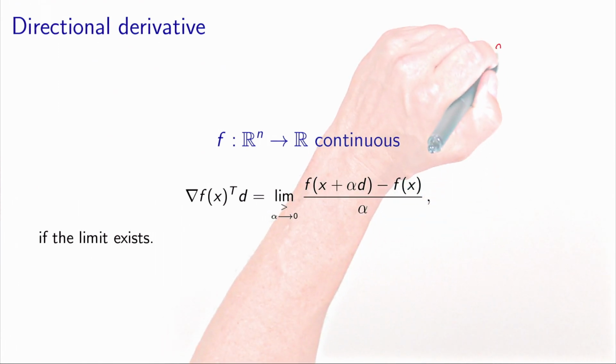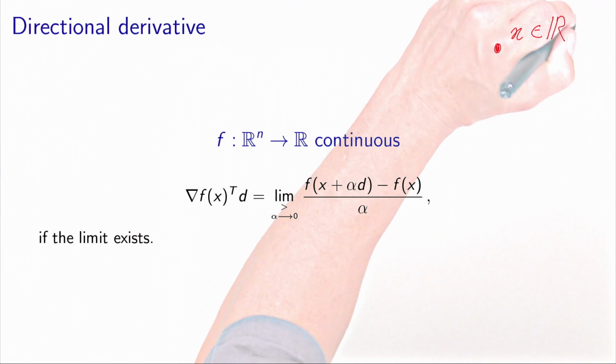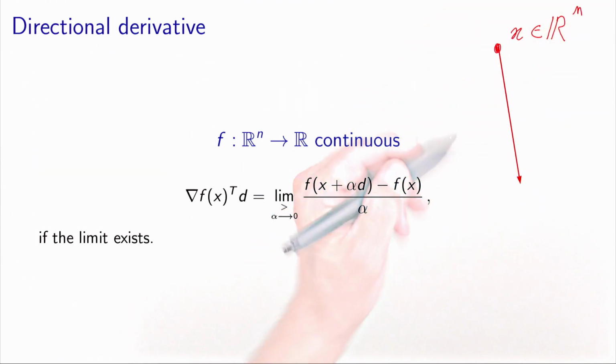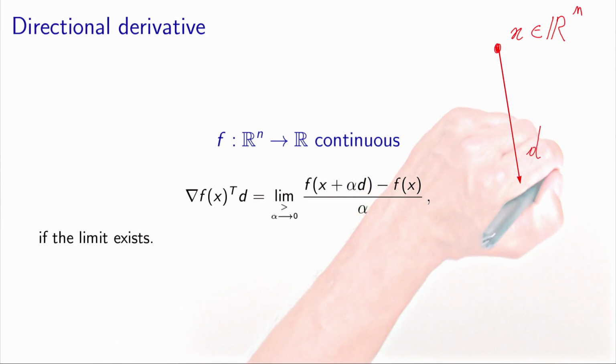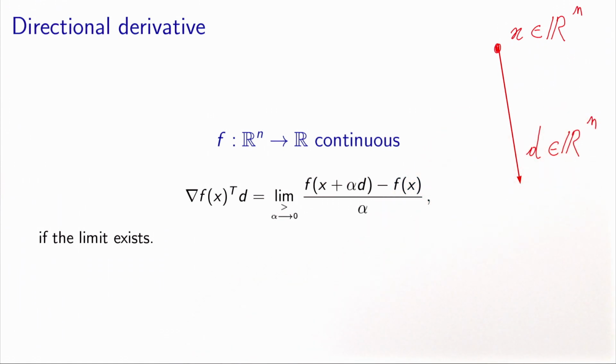Let's consider a point x, which belongs to Rn, and let's take a direction starting from x. Well, this direction is characterized by a vector d, which is also in Rn. And what we would like to do is to understand the behavior of the function f starting from x in the direction d.